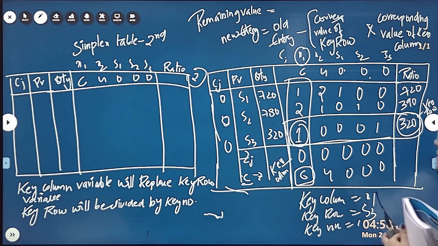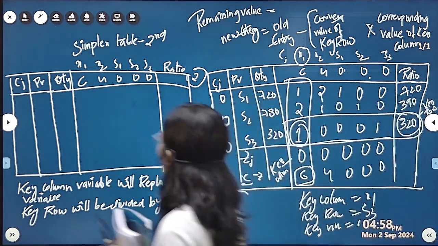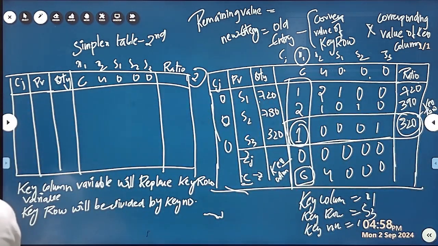New entry is equal to old entry minus corresponding value of the key row into corresponding value of the key column.